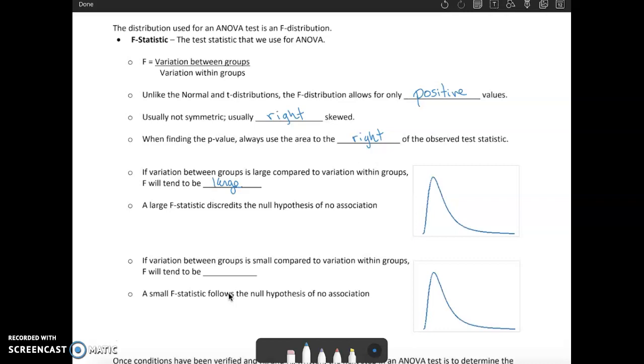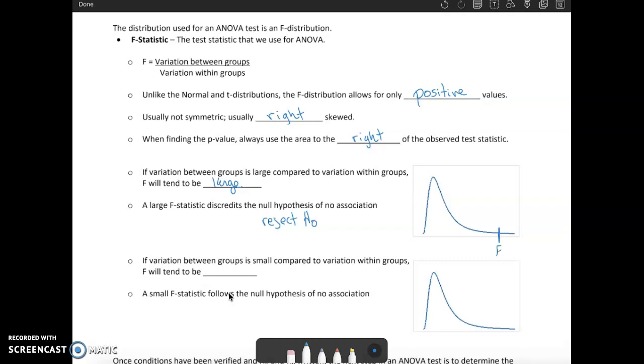A large F test statistic discredits the null hypothesis of no association. So when that F value is large, that discredits the null, and that's going to result in a reject the null situation. So an F statistic being very large will mean that it's very, very far out here to the right.